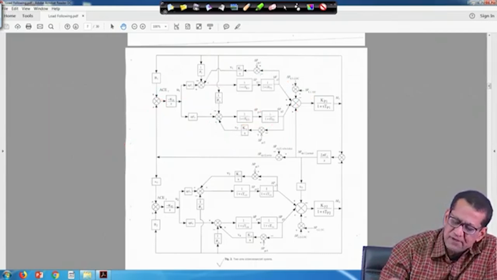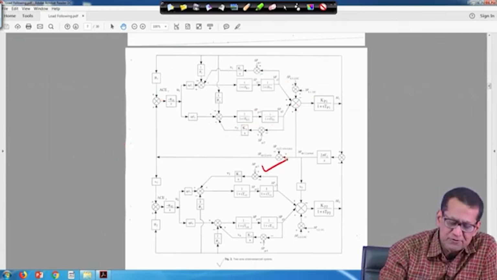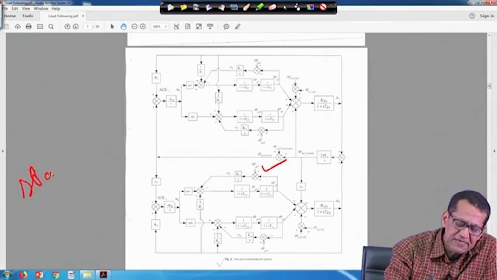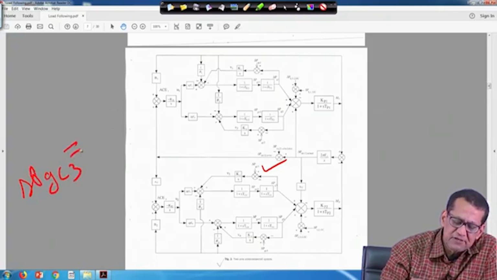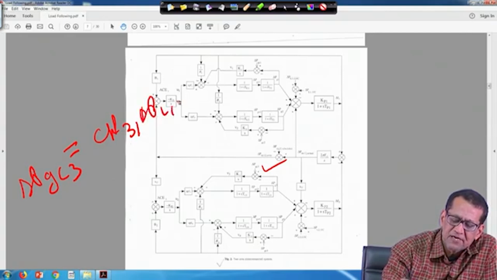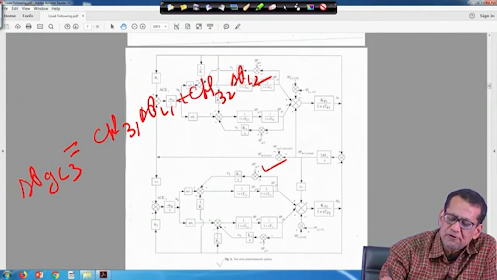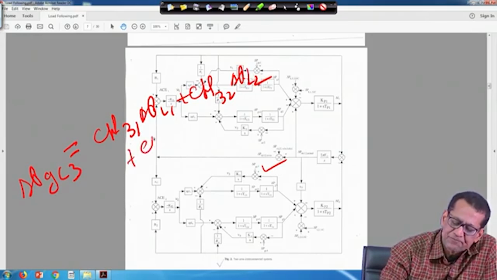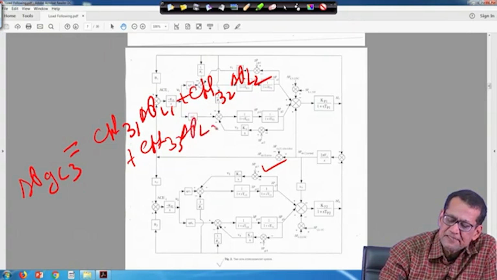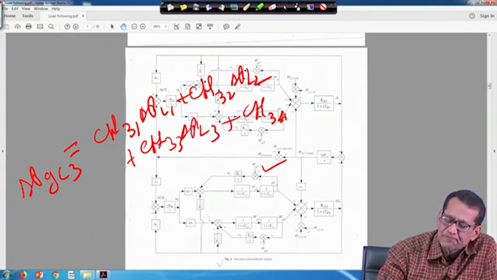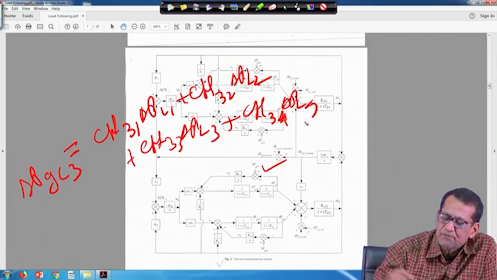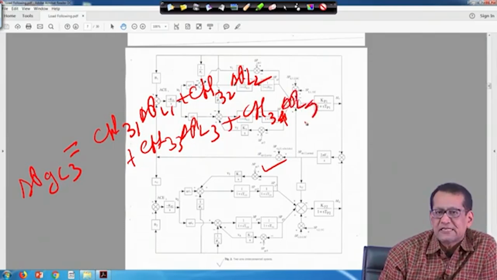Similarly, for delta PGC3 in area 2, that is the contracted demand. So, this one will be CPF31 delta PL1 plus CPF32 delta PL2 plus CPF33 delta PL3 plus CPF34 delta PL4. This is delta PGC3.